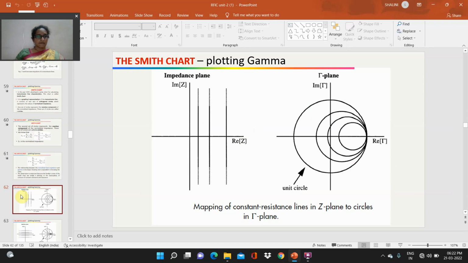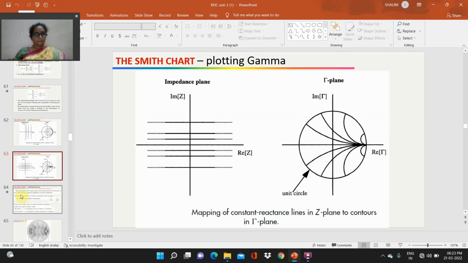Here two planes are given: one is the impedance plane and the other is the gamma plane, with resistance of Z and reactance of Z. The mapping of constant resistance lines in the Z plane gives circles in the gamma plane, and the mapping of constant reactance lines in the Z plane gives contours in the gamma plane.